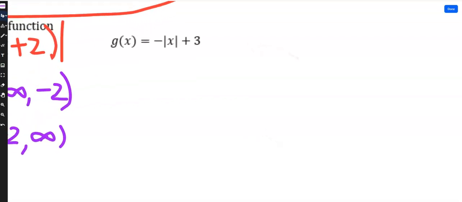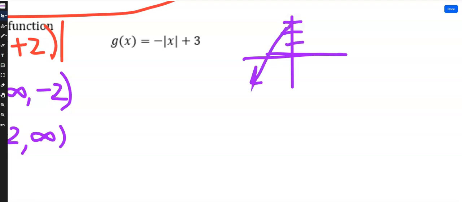All right, next one. Now picture-wise, we know that this thing has been reflected over the x-axis and it's been moved up 3. So we've got something like this going on. No left and right shift.